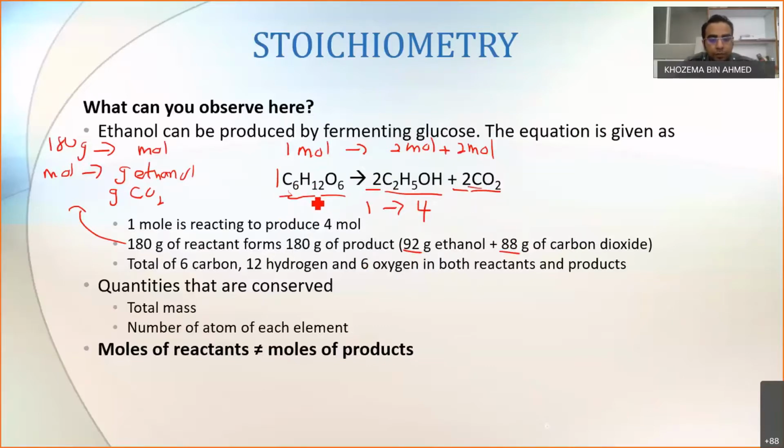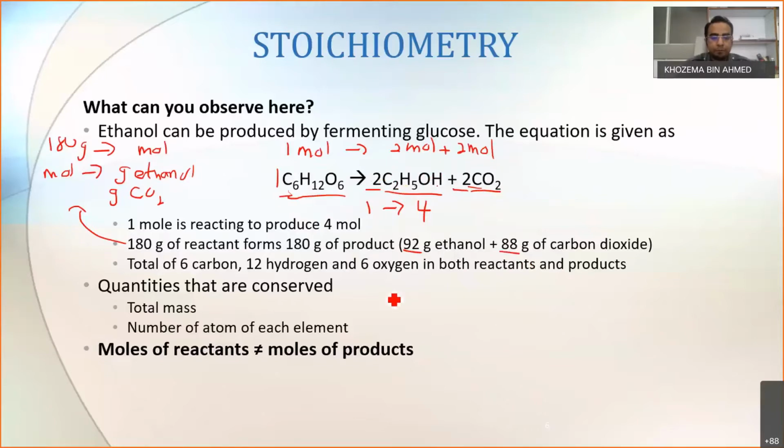Hydrogen is 12 here, so I have 2 times 5 is 10, and then 2 times 1 is 2, so I have 12 hydrogen. And then oxygen I have 6, meaning 2 times 1 is 2, and then 2 times 2 is 4, so 4 plus 2 is 6.